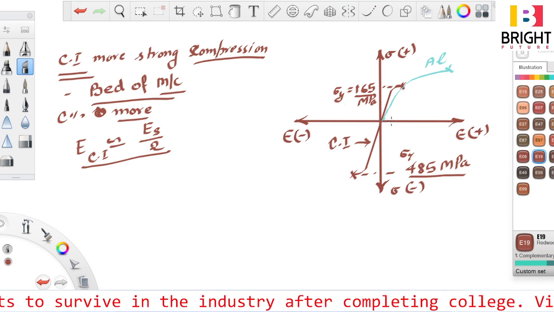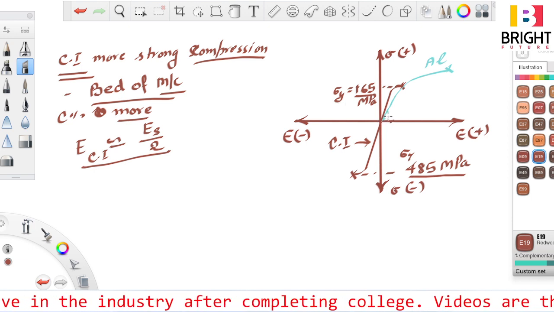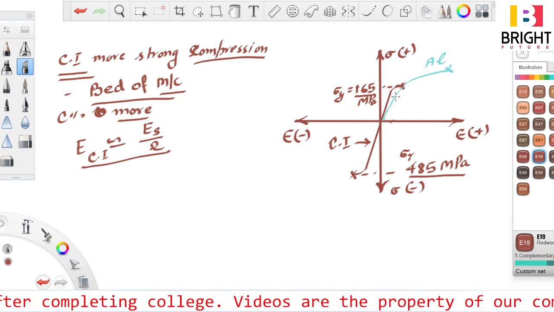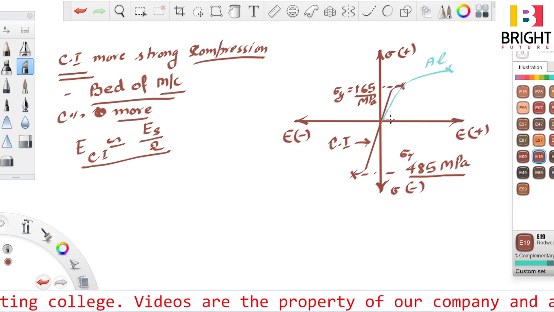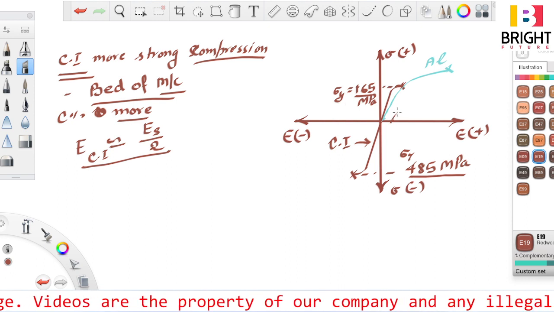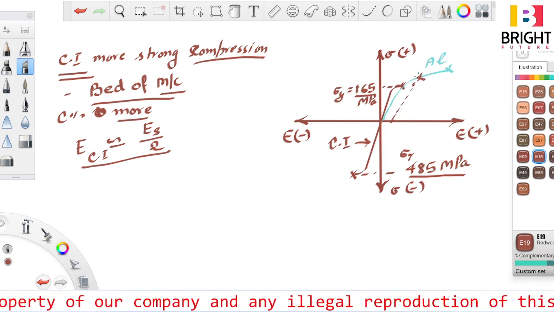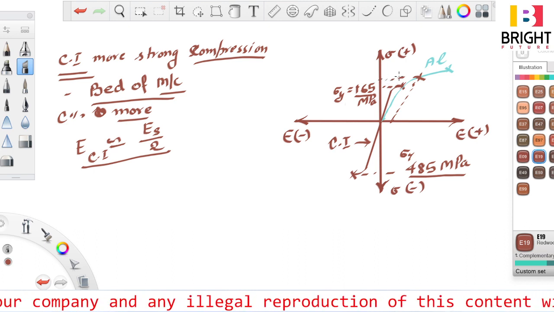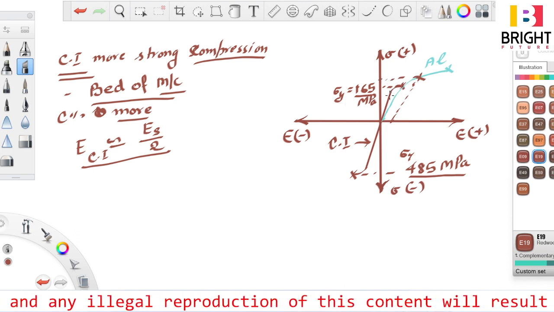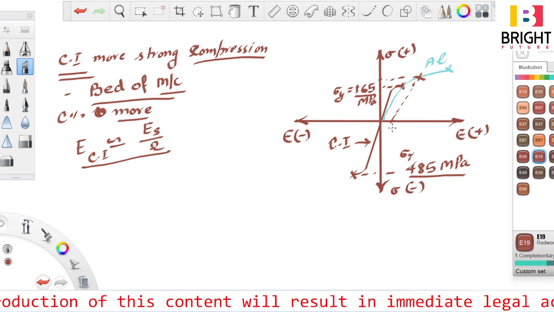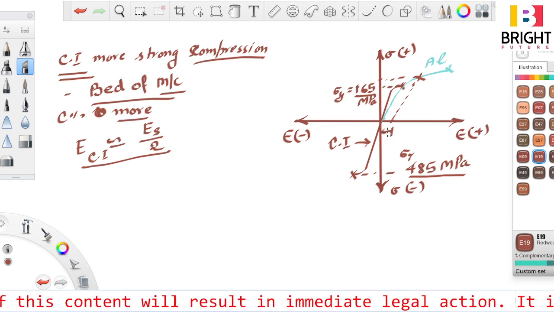For example, for 0.2% we draw a line parallel to the initial line, this cyan color line, and wherever it cuts the curve, we call that the yield stress of aluminium. But it is not clear, this is an offset method.